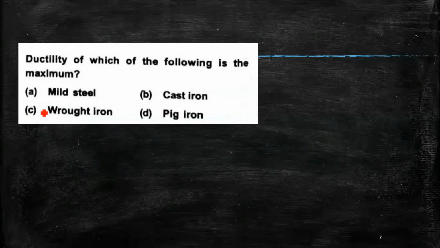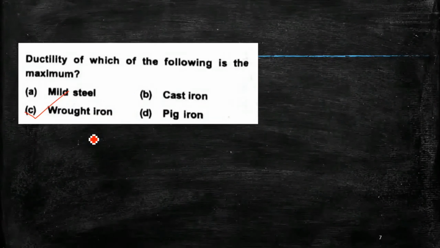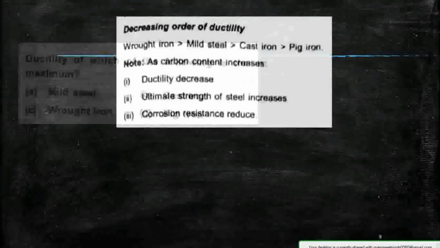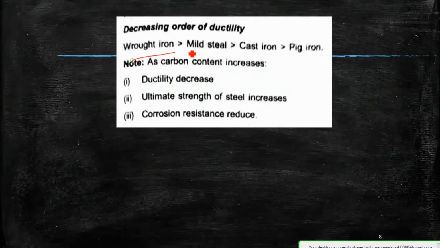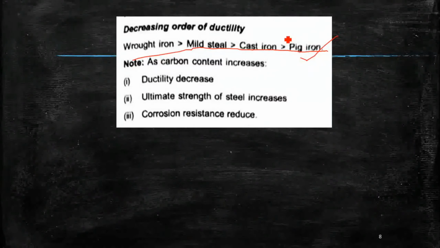The purest form of iron is wrought iron, which has the least percentage of carbon, so wrought iron will have the maximum ductility. So from this relation we have wrought iron, mild steel, cast iron, and pig iron. Pig iron has the maximum percentage of carbon, so it has the least ductility but maximum strength. As the carbon content increases, ductility decreases, ultimate strength of the steel increases, and corrosion resistance reduces.